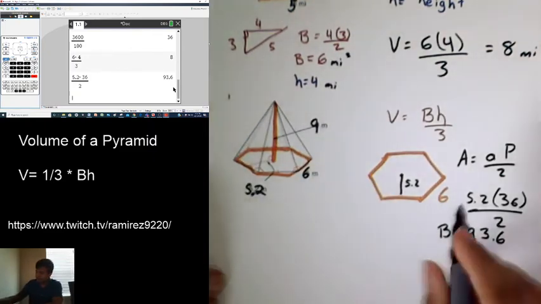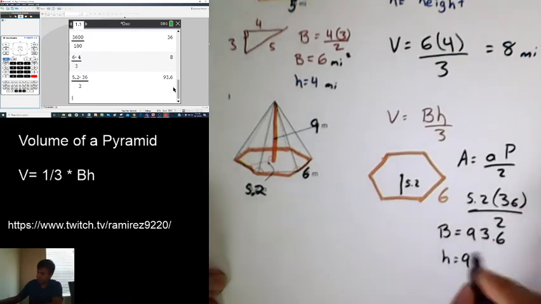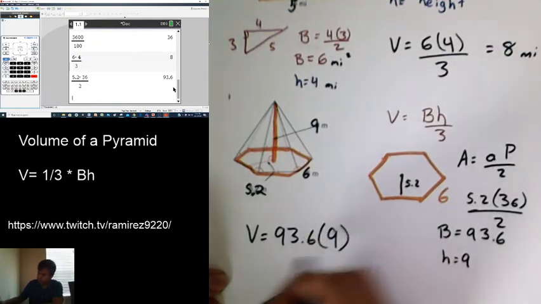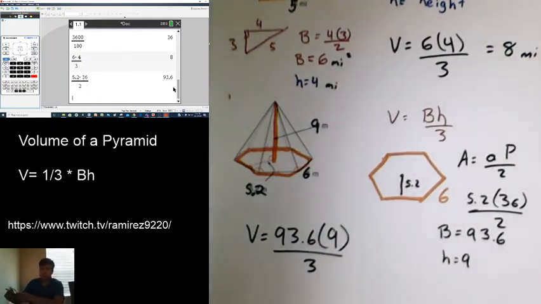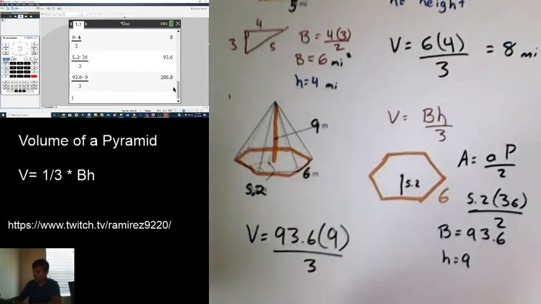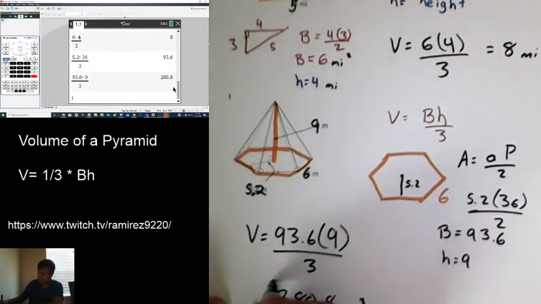The height was given as 9, and so again, volume is just the area of your base times your height divided by 3. So 93.6 times 9 divided by 3, and we get that our volume is 280.8. The unit was meters, and everything was meters, so meters cubed.